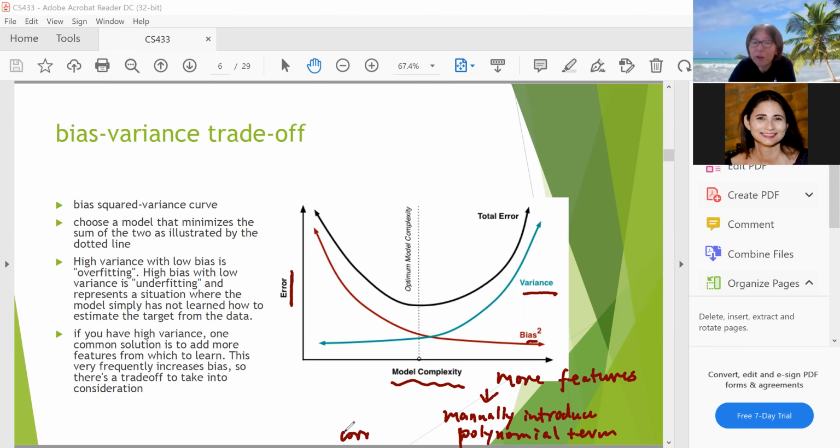With correlated or high order, that can make your model very complex. In this diagram we can see the more complicated your model is, the bias goes down.